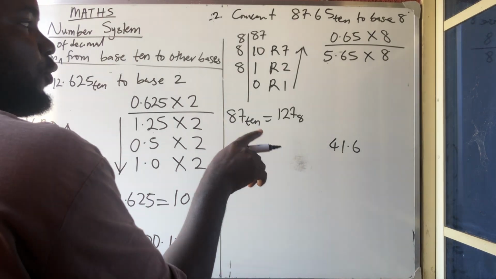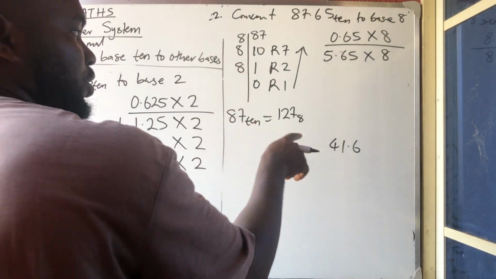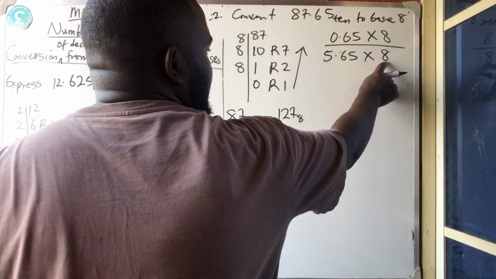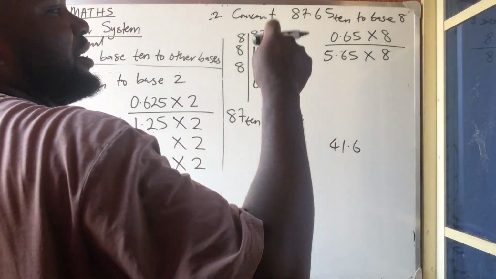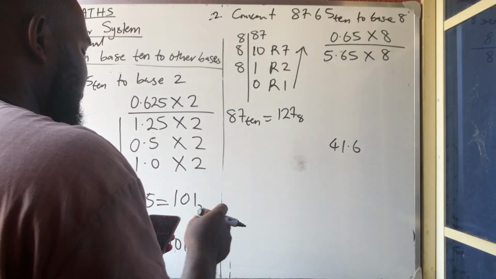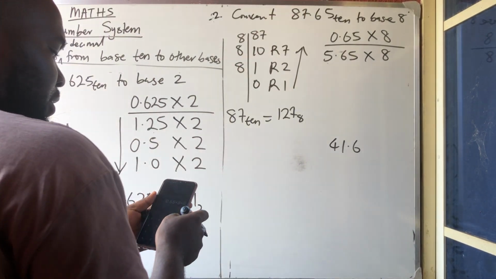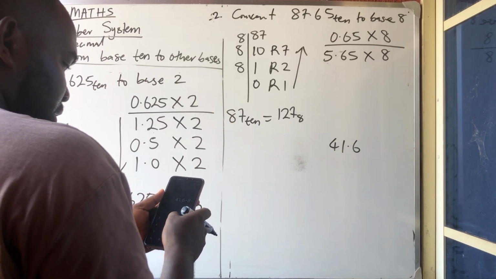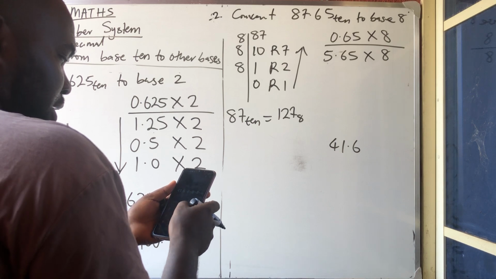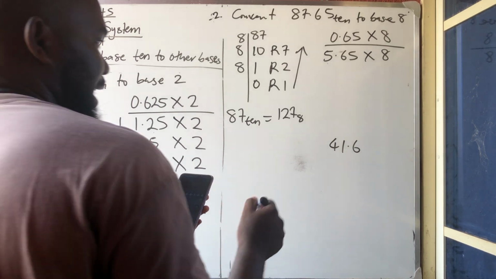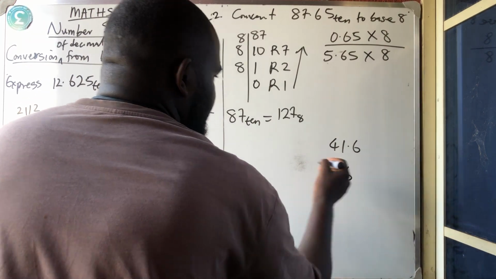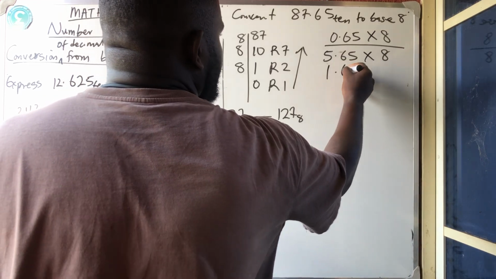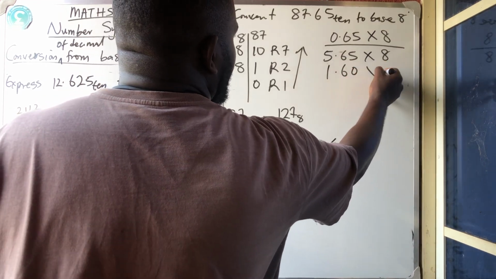Now I cannot write 41.6 here because the 41 is bigger than 8. What do you do? You keep subtracting 8 until it is less than that 8. So I will say this 41.6 minus 8 minus 8 minus 8 minus 8 minus 8 until I get, the last thing I got was 1.6. So I will now write that 1.6 here.